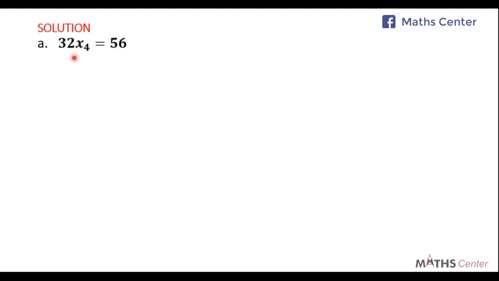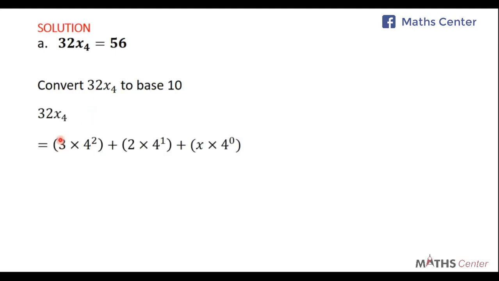We know that to convert a number to base 10, you multiply every digit in the number with the base raised to its power. So you multiply 3 with 4, 2 with 4, x with 4, then you order the powers: 2, 1, 0. So you see, nothing changes.